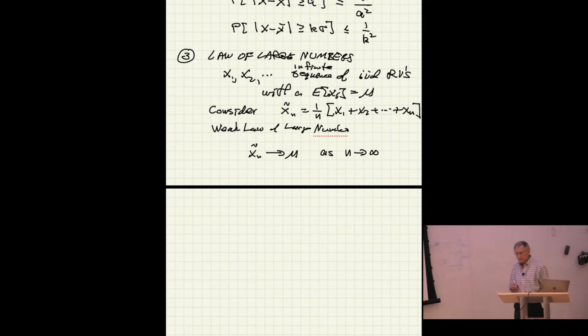That's really interesting. So let's take an arbitrary random variable with these conditions on the variance and the mean. Add a whole bunch of them together, divide by how many you added up, and you know the answer. That ratio is going to be the mean itself, no matter what that distribution is.